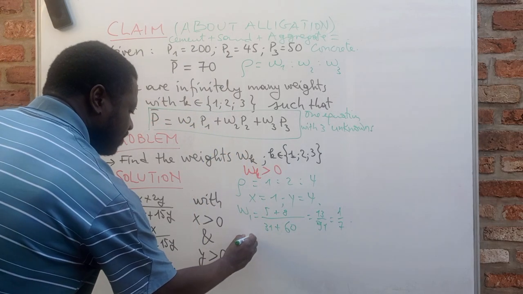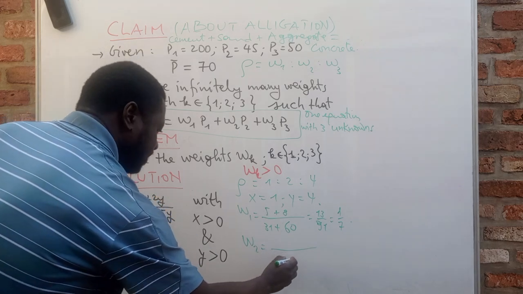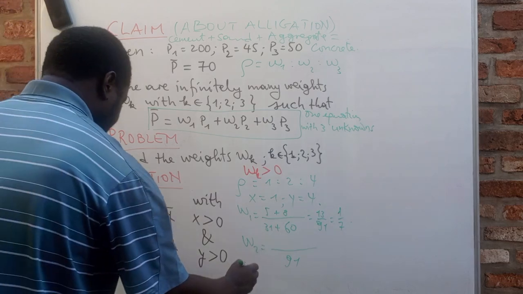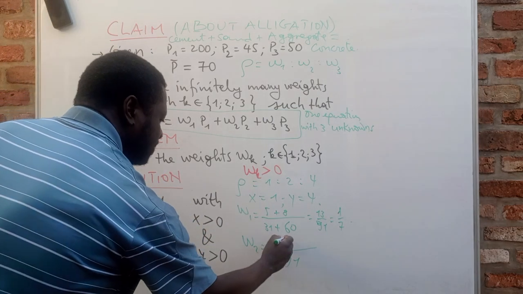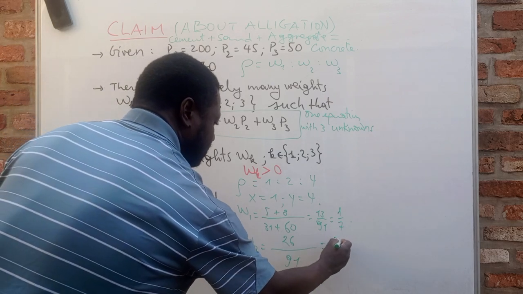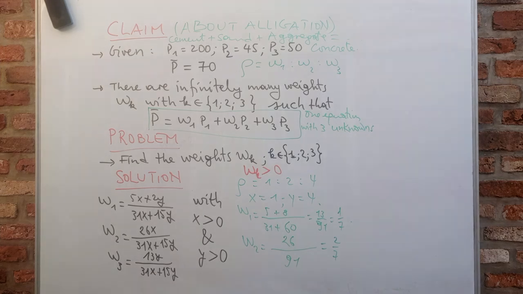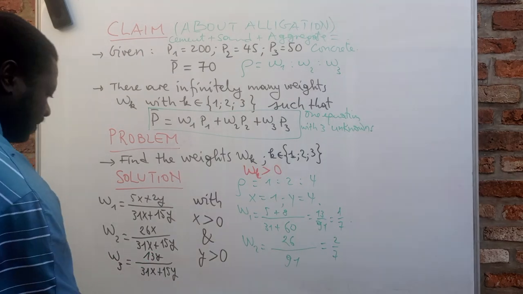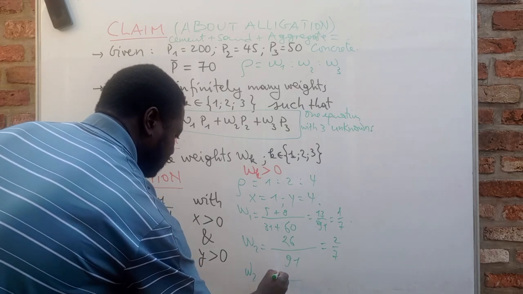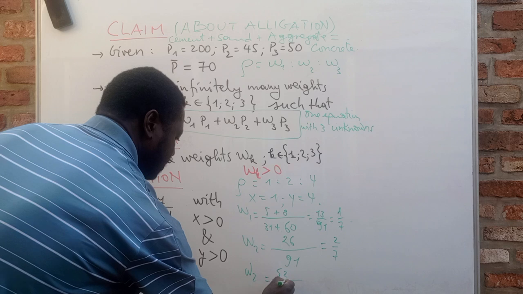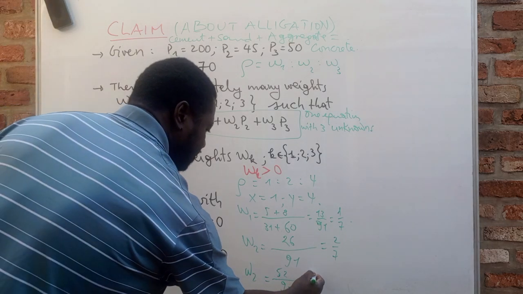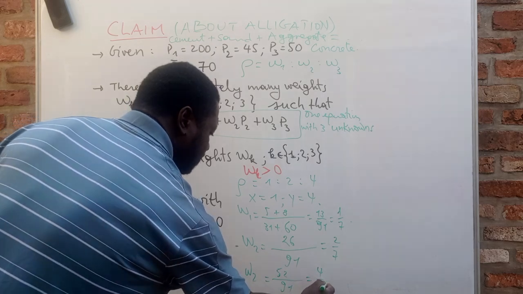Omega 2 will be something over 91, with no change in the denominator. In the numerator, we have 26 times 1, which is 26, so this is 2 over 7 after simplification. And then here we have 13 times 4, which is 52 over 91. After simplification, we get 4 over 7.